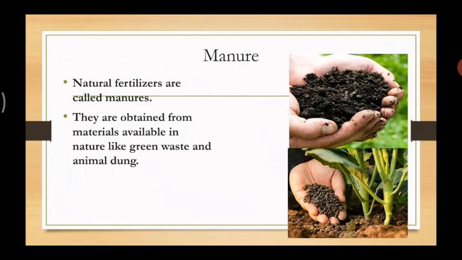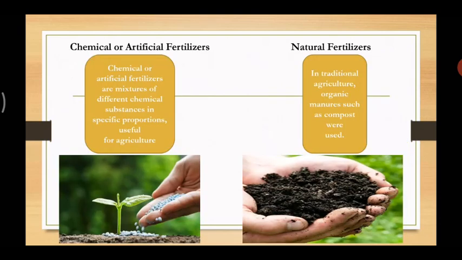Let's move forward. The next is chemical or artificial fertilizers. These fertilizers are mixtures of different chemical substances. In chemical fertilizers, there are different mixtures of chemical substances in specific proportion, and they are useful for agriculture to give higher yield.